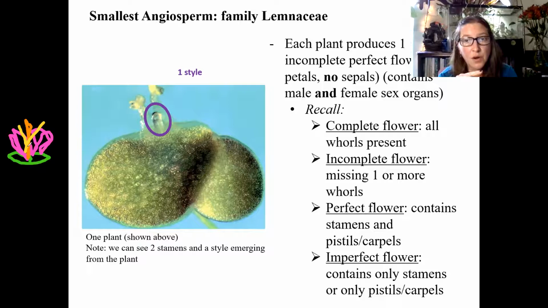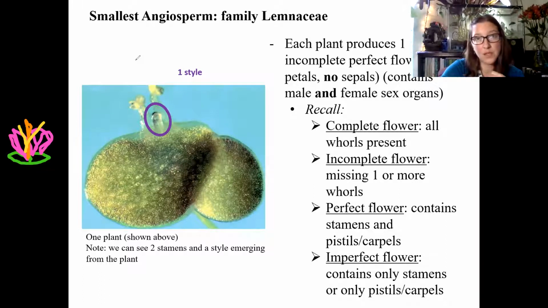Is this flower complete or incomplete? It's complete because it has all 4 whorls. Is this flower that I just drew perfect or imperfect? Well, it's perfect, right? Because it has both the stamens and the pistils.